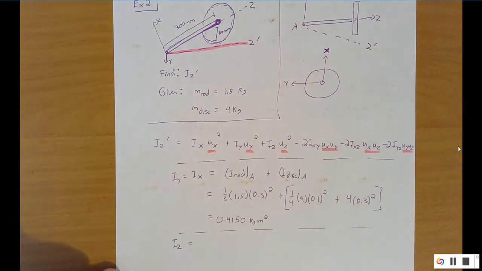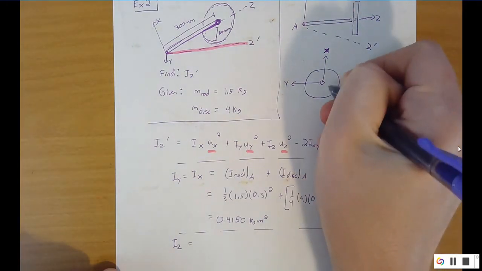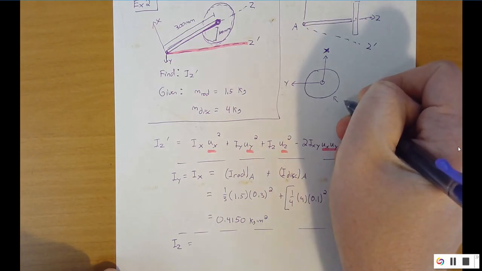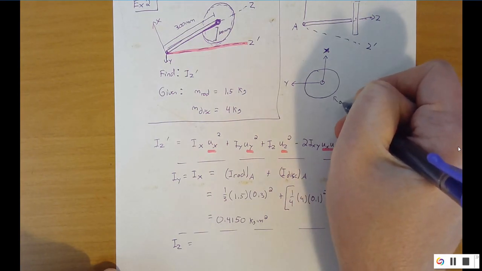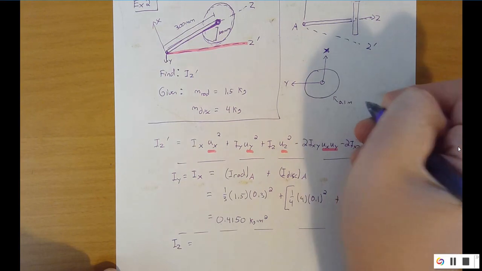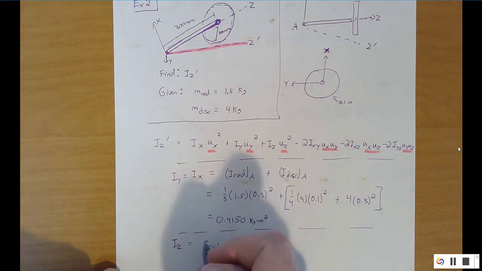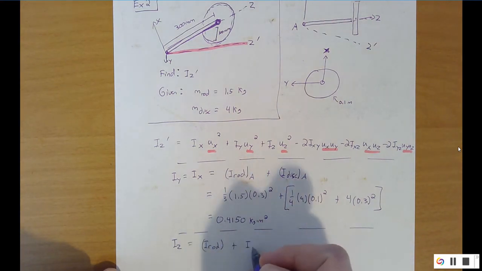The rod doesn't have a thickness I care about, and this has a 0.1 meter radius. So that is again going to be I rod plus I disc. Both of those conveniently are about their centers of gravity, because it's the midpoint for both of those.